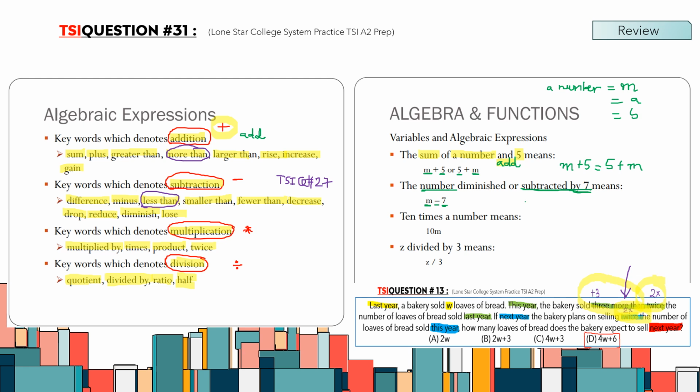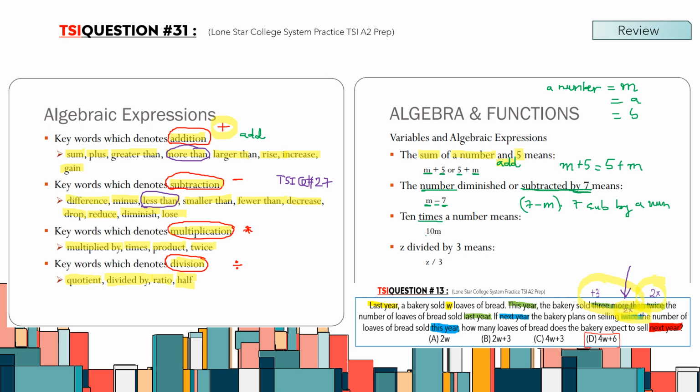If you write down 7 minus m, it should say 7 subtracted by a number. The number subtracted by 7 is the opposite, so we have to be careful about the positions. 10 times a number means multiplication, right?